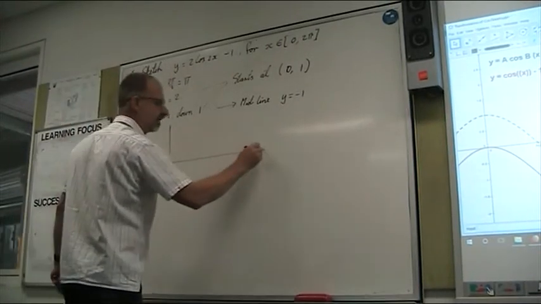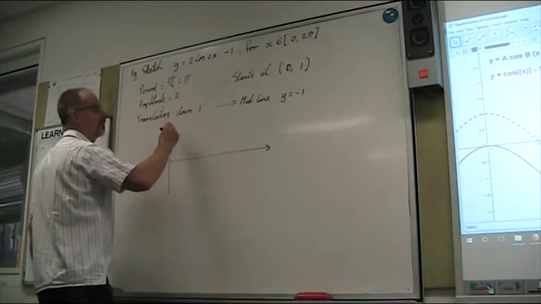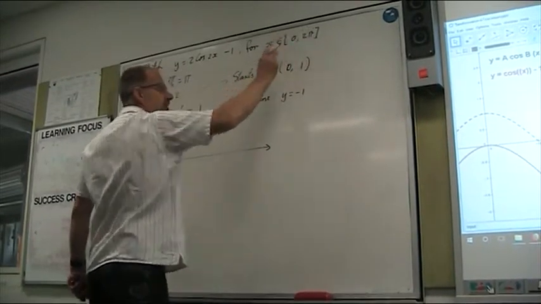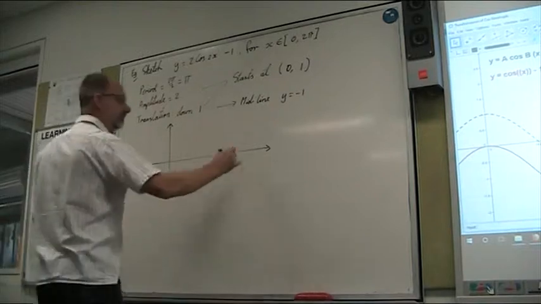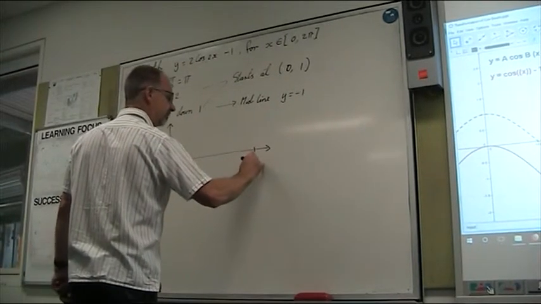So this time I'm given a domain that I want to sketch over. My domain I'm told is 2 pi, so I've got to go to 2 pi.